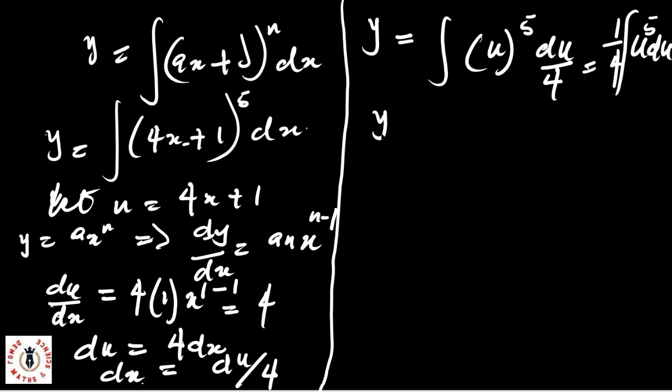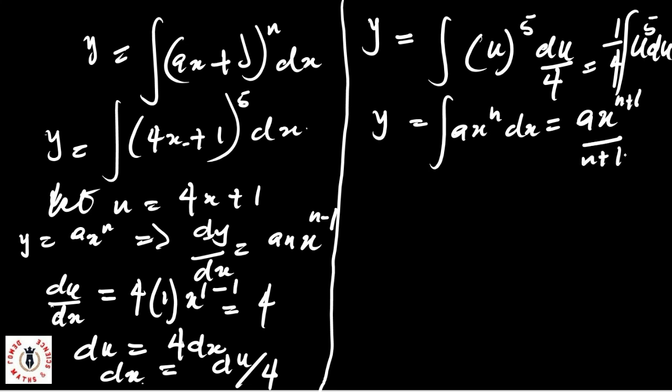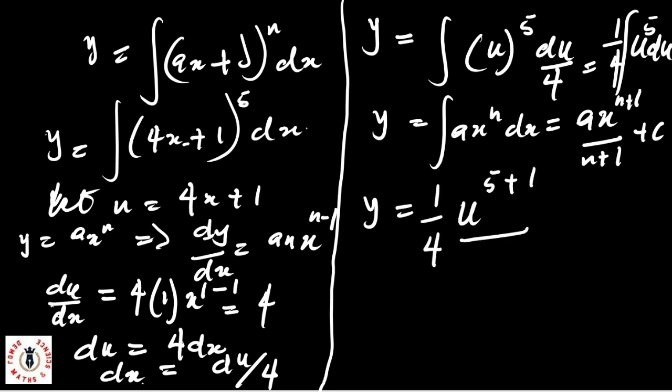Now, in our introductory lesson, we said if y is equal to the integral of ax raised to power n dx, it will be the same thing as ax raised to power n plus 1 over n plus 1, plus c. So that y will now be equal to 1 all over 4 times u raised to power 5 plus 1 over 5 plus 1, plus c.